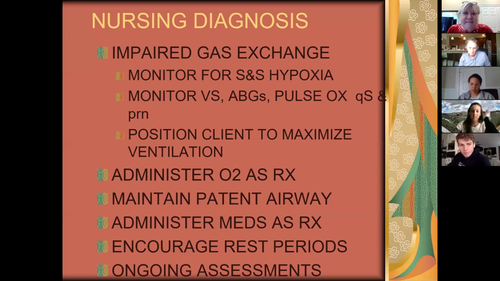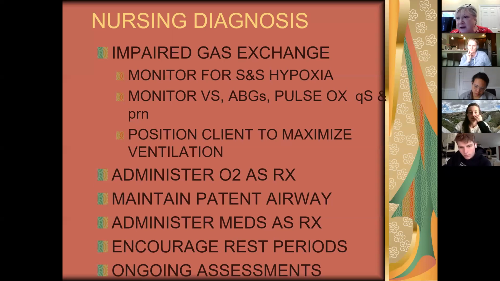Anybody know another one? Terbutaline. Terbutaline is a bronchodilator. It is. You're right, it is. Have you ever heard of aminophylline or theophylline? Aminophylline and theophylline are another one.